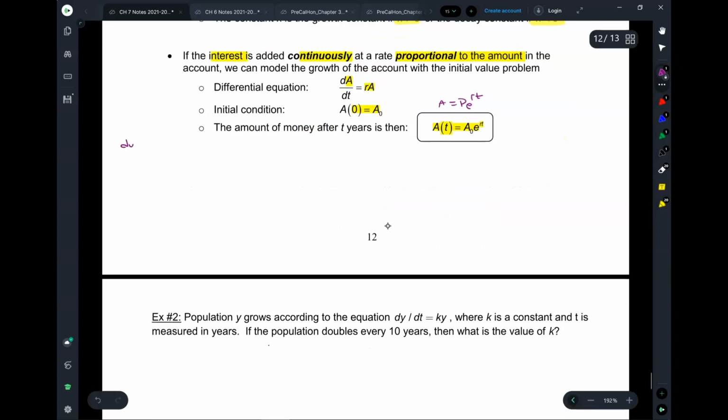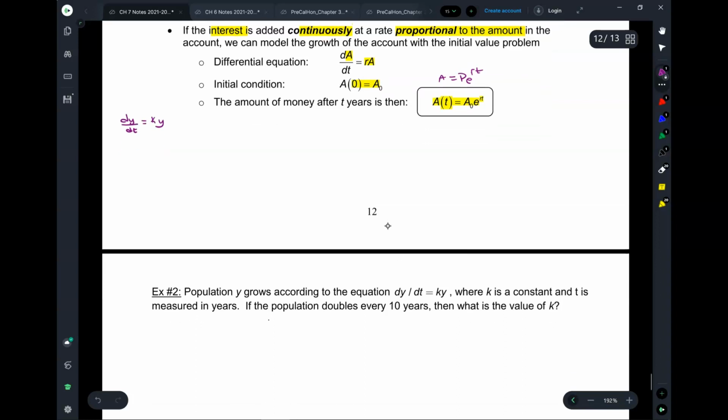So what's my equation? It's dy/dt equals ky. We're going to do separation of variables here. So dy over y equals k dt. We're separating: bring the y over, bring the dt over there. Integrate.